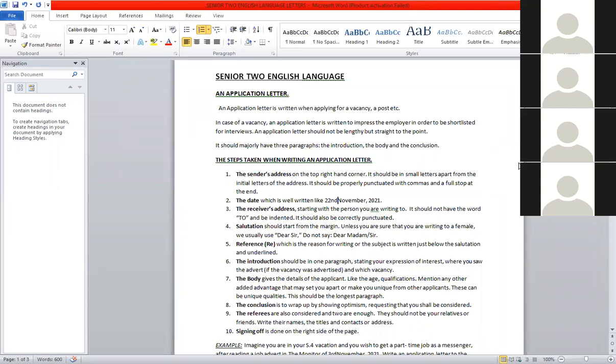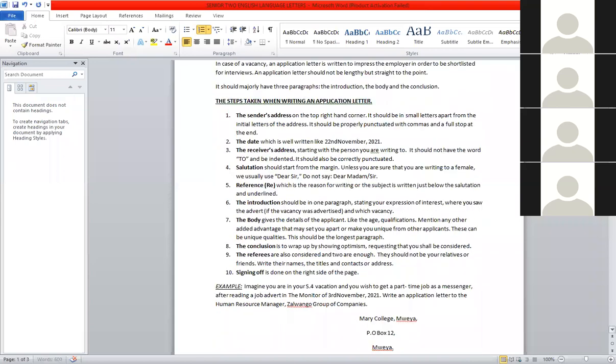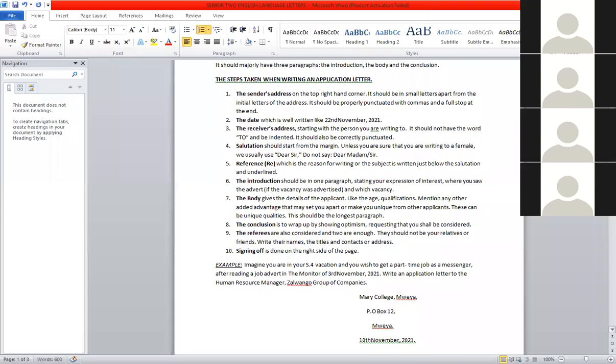It can be a telephone number, it can be an email address, it can be a box number, anything you can include there is okay. So after that, we are going to sign off. And we sign off on the right side of the page because it's where we started writing.